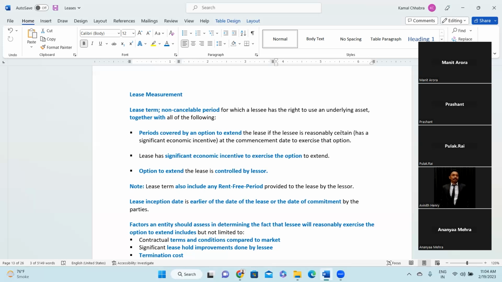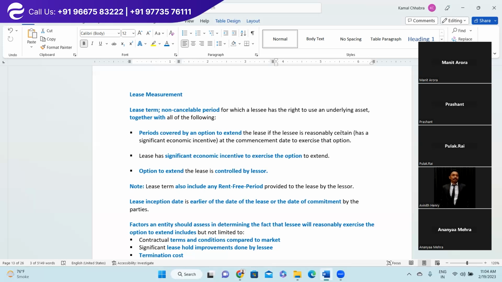They have already made significant leasehold improvement, right? And after a point in time, when that leasehold improvement has depreciated but is still in workable condition, their cost will go down significantly, right? And if they have to relocate to another office, they need to communicate to all their customers, right?